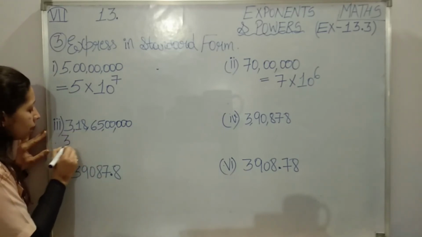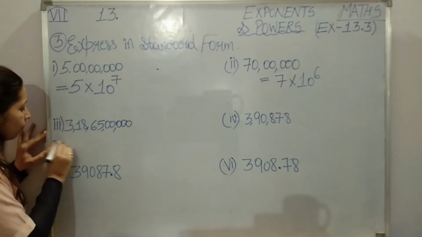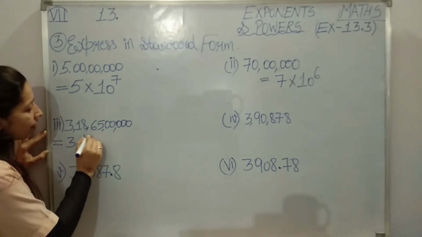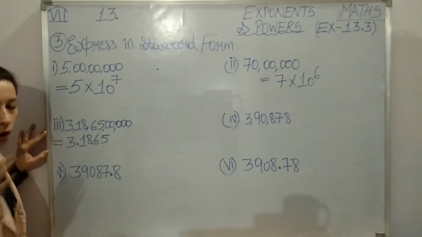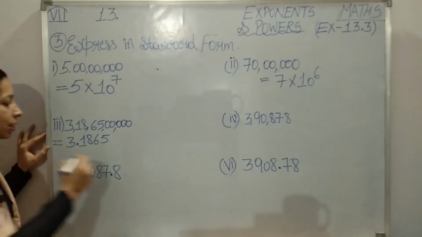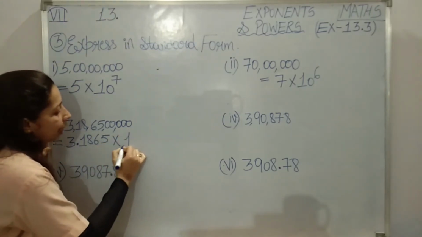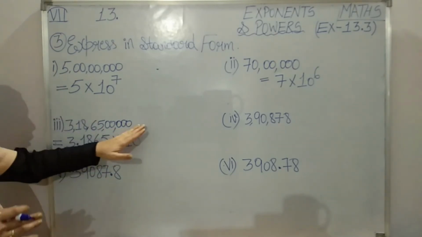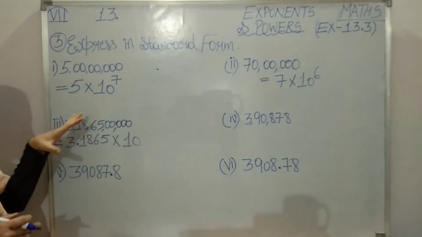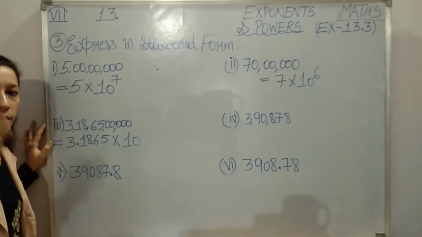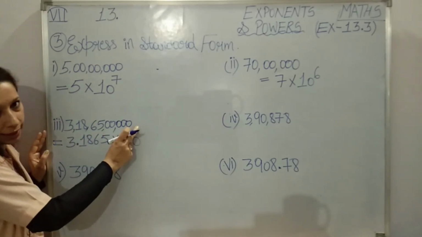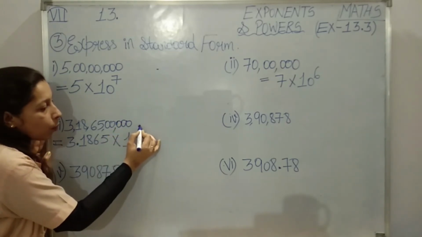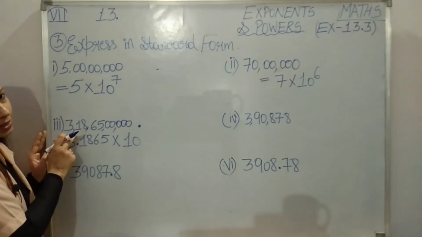So what I'll do is I'll write 3 first. 3 point, then the other digits also except 0. I'll write all the other digits. Got it, students? 3.1865. Now into 10 raised to the, now see, was the decimal already here? No, it was not there. So we have to assume that the decimal is at the end. Now you are moving the decimal point to this place after 3.